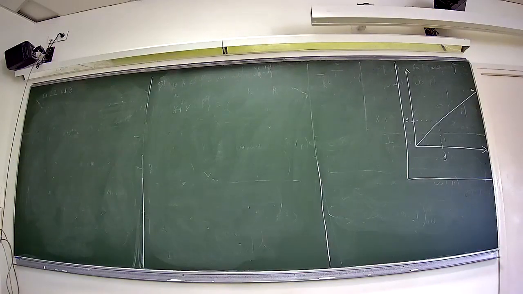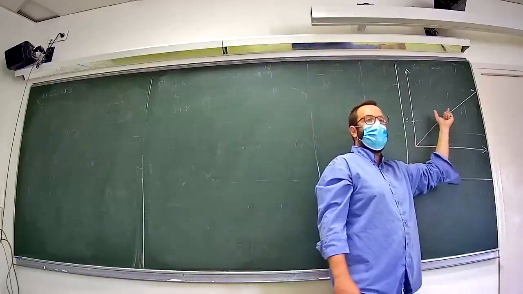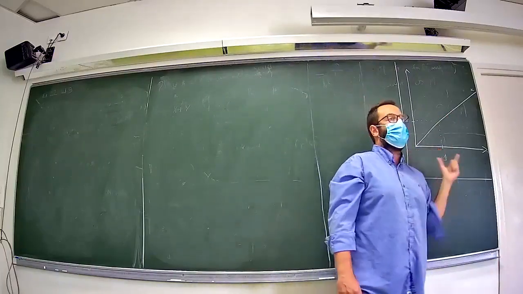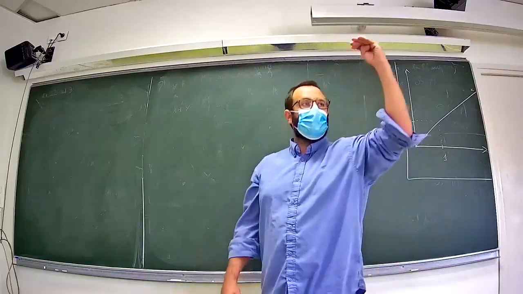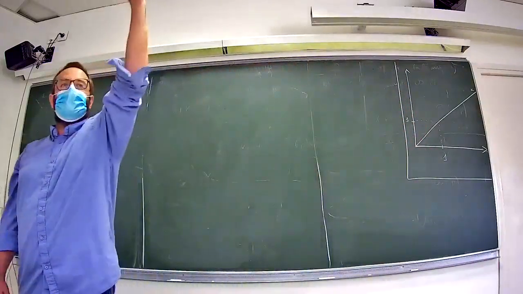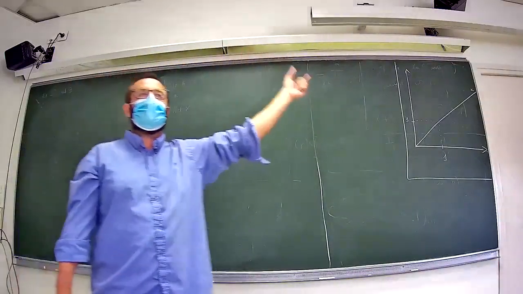Now I want to plot x squared. So x squared of 0 is 0, x squared of 1 is 1. And in fact, at the beginning, that is between 0 and 1, the square will be below the identity, and then will be greater.